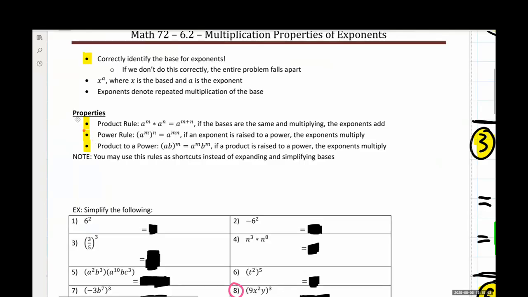These are all essentially designed to be shortcuts for simplifying our answers down. You can work these by expanding everything out and then simplifying the bases. So expand it all out and then condense it down together. I wouldn't recommend it only because the numbers and the amount of writing can get kind of ridiculous. So the shortcut properties are the ones that I recommend here.